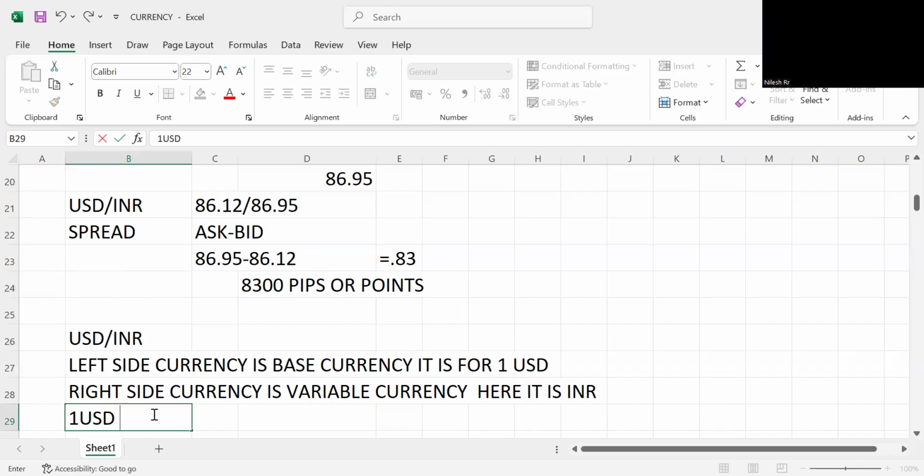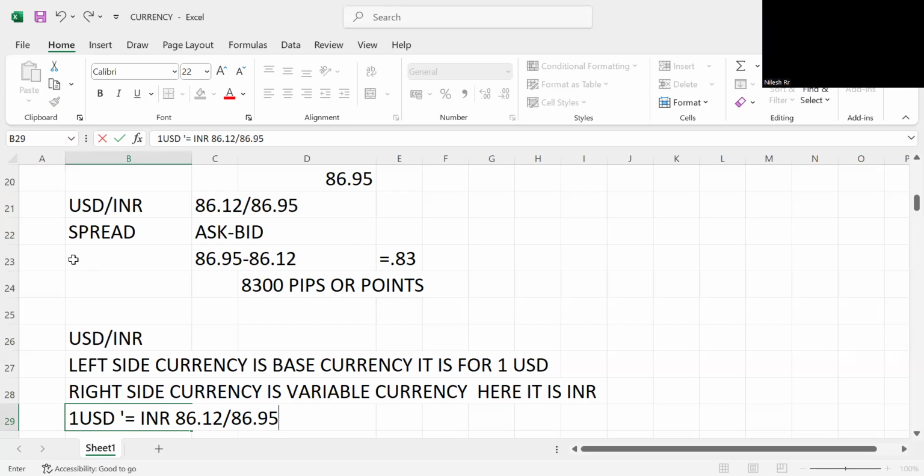You can write it this way also: 1 USD is equal to INR 86.12 slash 86.95. So now you know one more thing, that the left hand side is the bid price and the right hand side is the ask price.